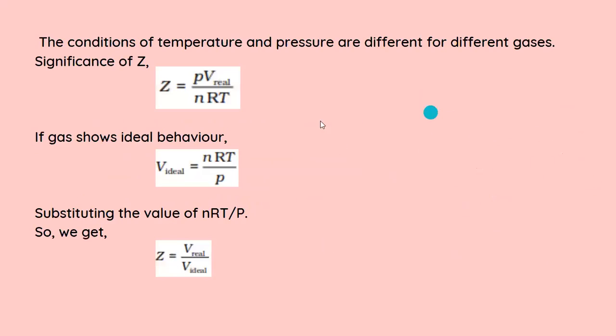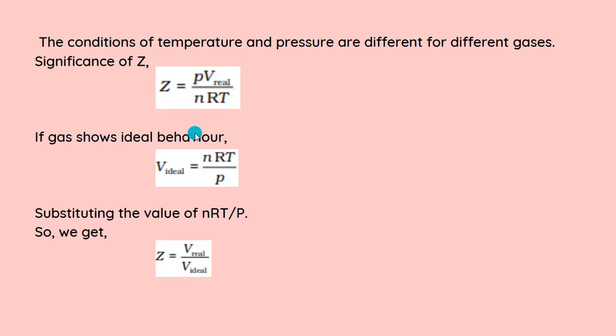So putting all of this together, we have something called the significance of Z. For a real gas, Z is equal to PV real, the volume of the real gas, divided by nRT. Pressure and temperature affect the volume.